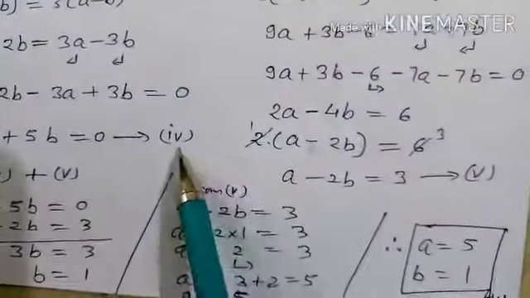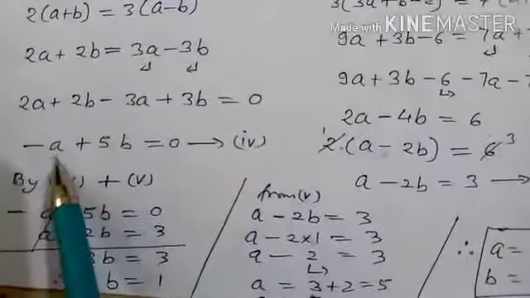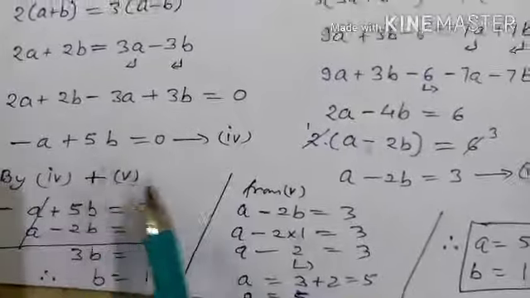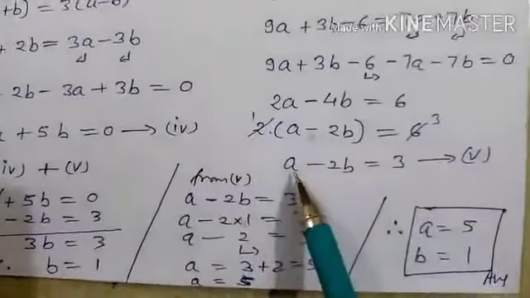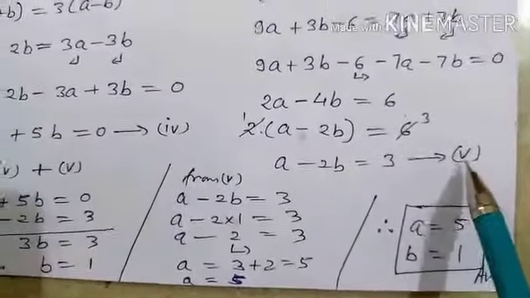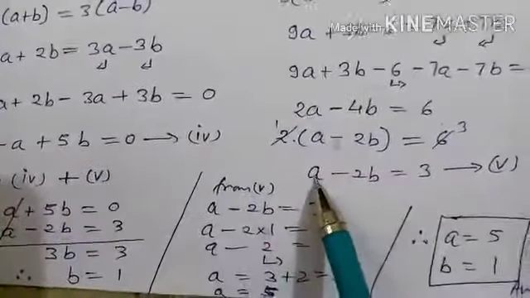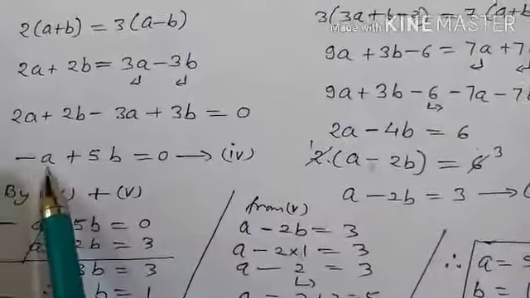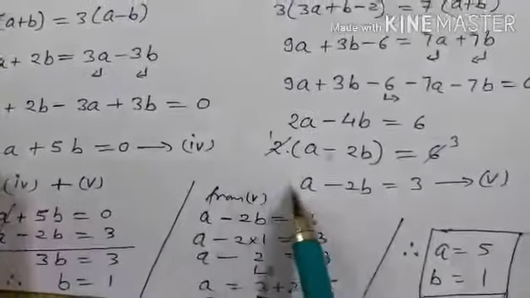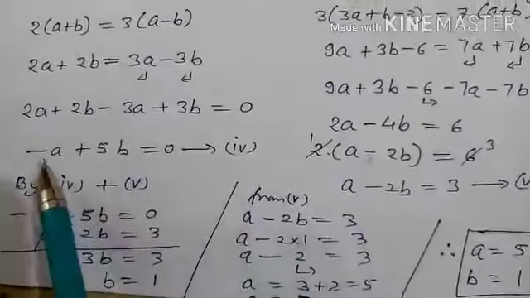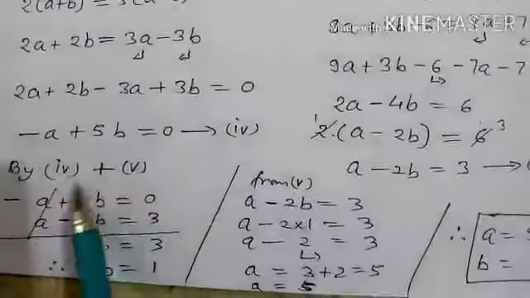Once again observe equations number 4 and 5. Here equation 4 is minus a plus 5b equal to 0, and here a minus 2b equal to 3. The coefficients of a are numerically the same, this is minus 1 and that is plus 1. Since they have opposite signs, we add these two equations.